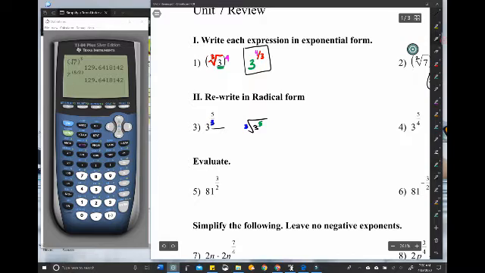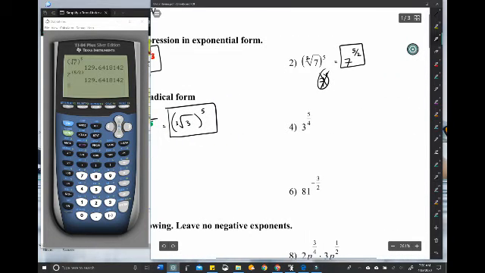You can also represent it as cubic root of 3 to the 5th. Either way is fine. Doesn't quite matter to me. And for something like number 4, 3 inside, 4th root, and 5 outside. So hopefully pretty easy stuff, just switching back and forth.